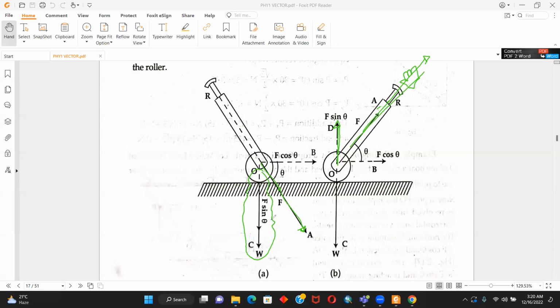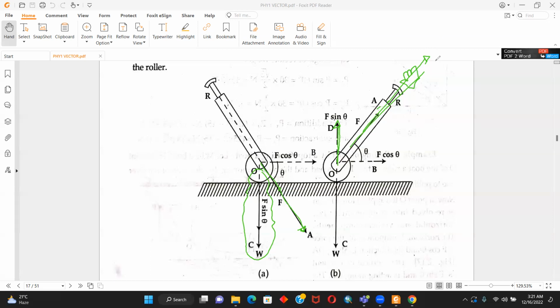But in case of pulling, F cos theta is working for us and F sine theta will nullify the weight, because they are working in opposite directions. If they can't even nullify it, it will somewhat reduce the weight in the downward direction. That will make it easier for us to move the lawn roller forward.